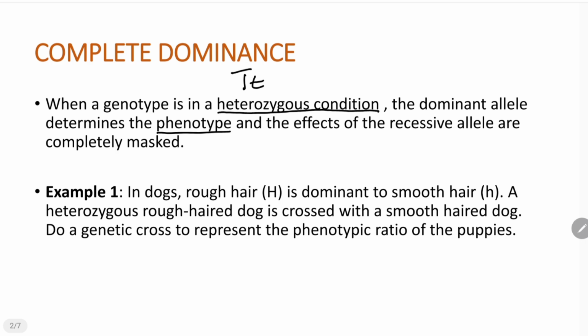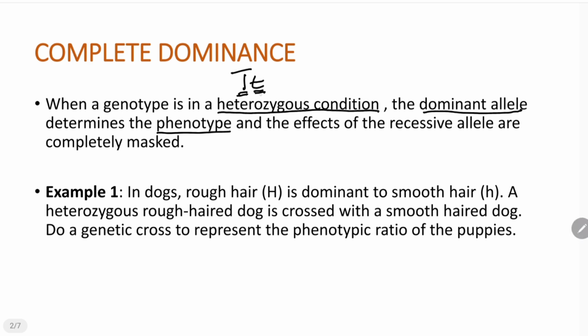But it is said that the dominant allele in this case will determine the phenotype. So we know that the capital letter here represents the dominant allele. It represents the dominant trait. And we also know that the small letter t here represents the recessive trait, that is the recessive allele.